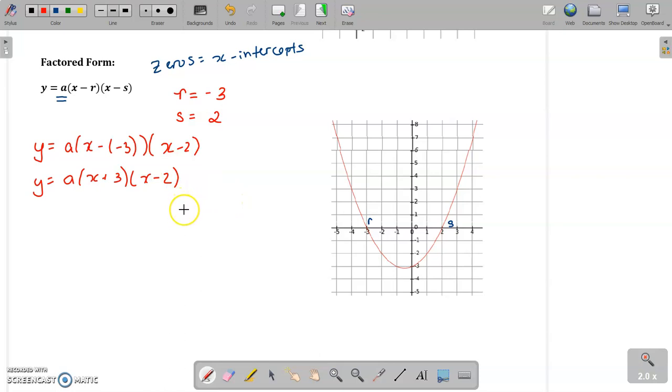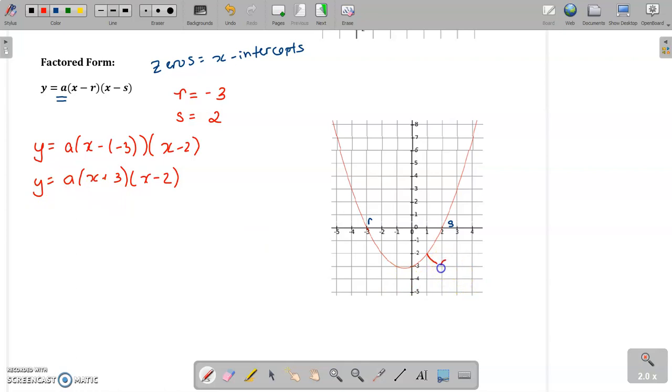Just like we found restrictions when we did rational expressions in the first unit, we can see if we set this to 0, x plus 3 would make that 0. So that's how we get that value here. That's what would make this equation equal to 0. Now what we also need at this point is another point. So here's a nice point to sub in for x and y to solve for a.